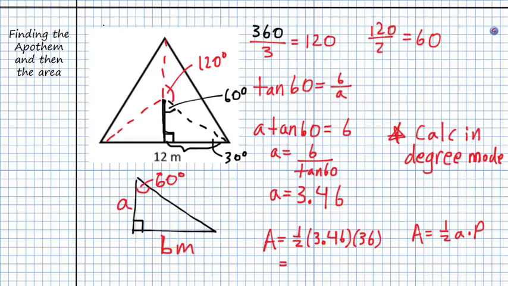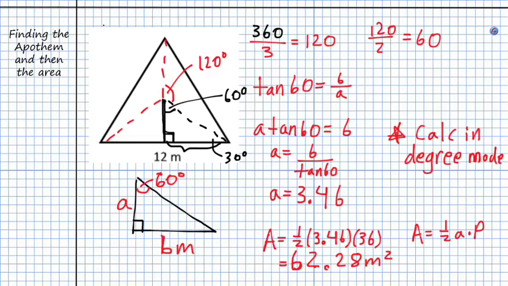So the area is equal to 62.28 meters squared. All right, so that's how we find the area of a regular polygon given that we have a side length.